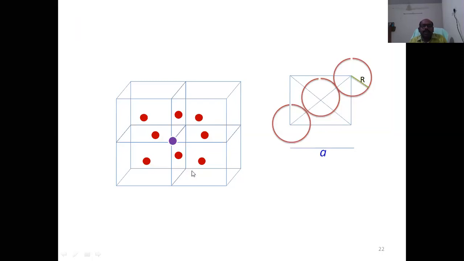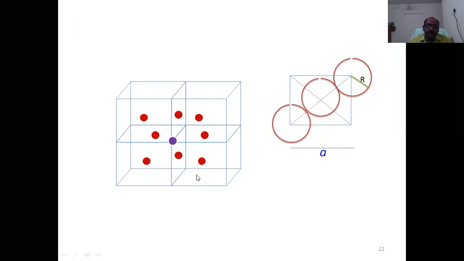Again, I am taking this picture. So it is one cube, and this one is another cube, this is the third cube, and it is the fourth cube.